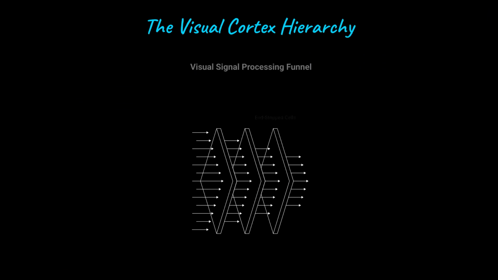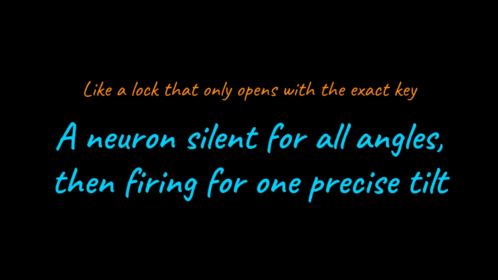The hierarchy works from the bottom up. Raw edges are detected in primary visual cortex, and as the signal travels to higher areas, neurons combine simpler features into increasingly abstract representations of the visual world. A striking feature of these neurons is their specificity.